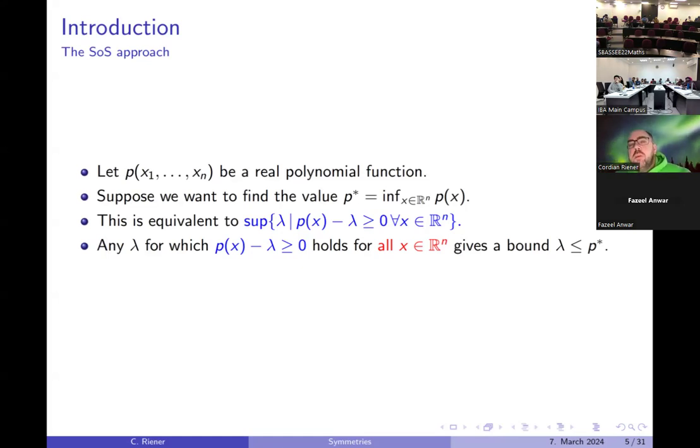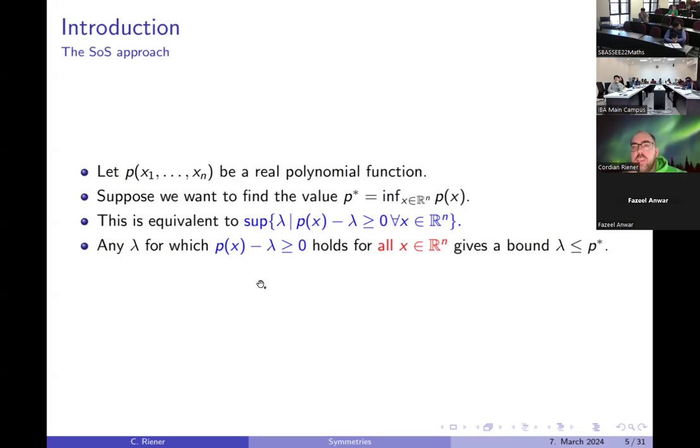In general, maybe we have to only look over a compact set, and then we can be sure that this exists. The infimum value always exists. I'm just looking for the value. That's why I said I'm looking for the value and not for the points. Okay.